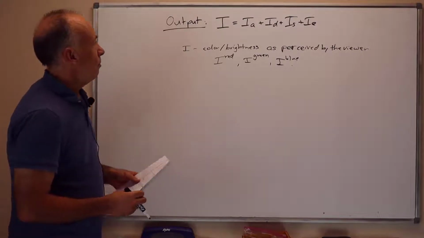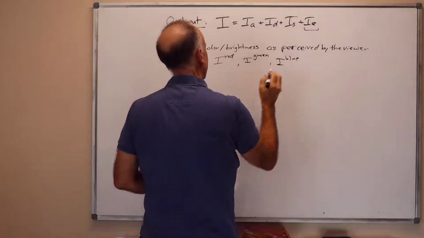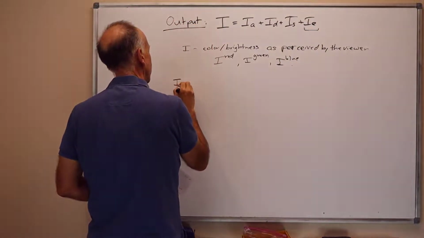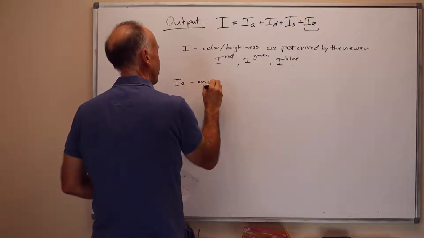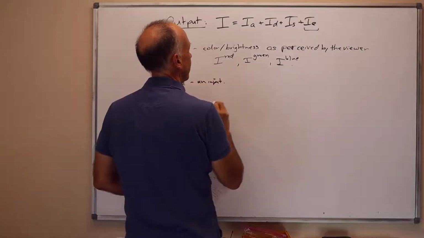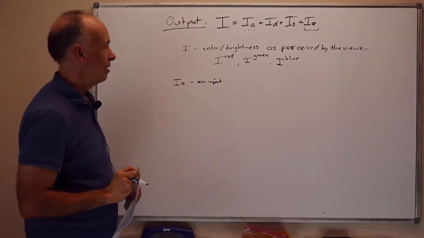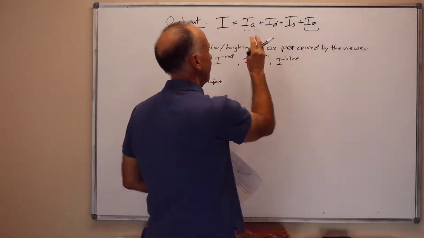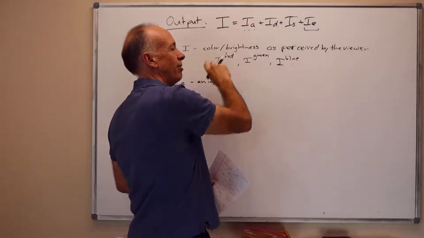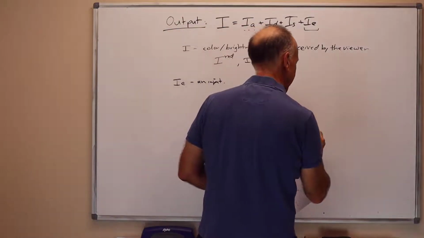So what is this thing? First of all, I^E was an input. So as an input, there's nothing to compute, right? I^A is the ambient light as seen by the viewer. So we maybe should have written the superscript "in" to go along with it, but we simplified life by not writing that there.